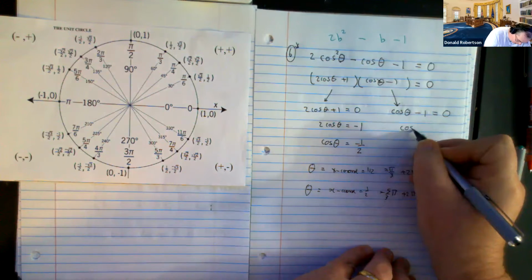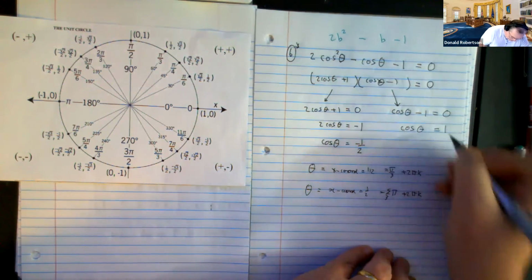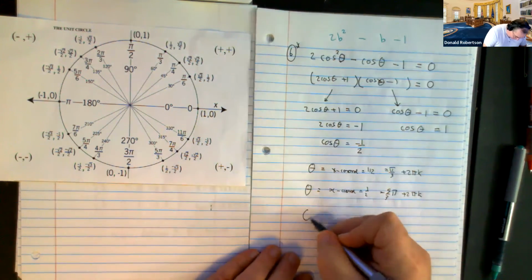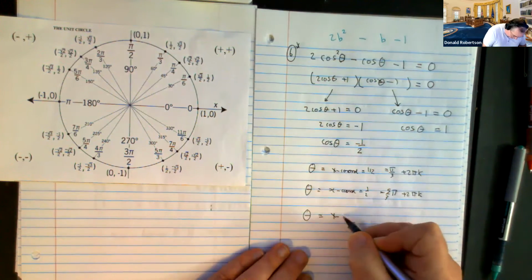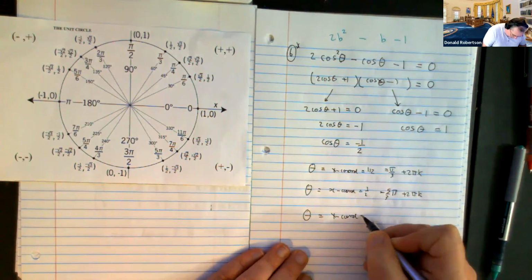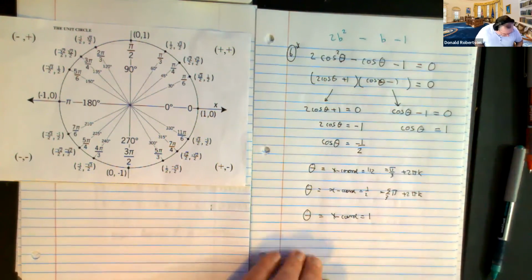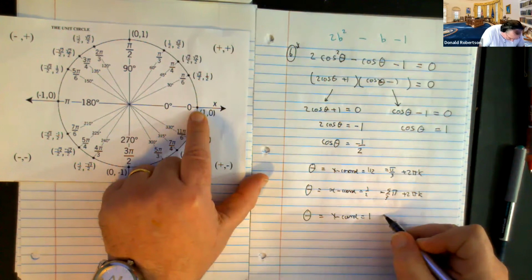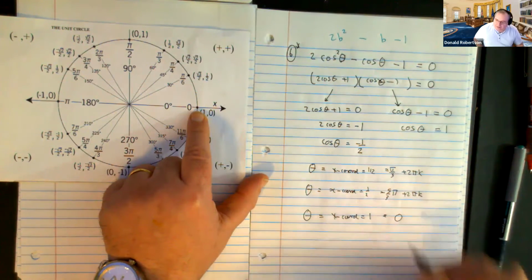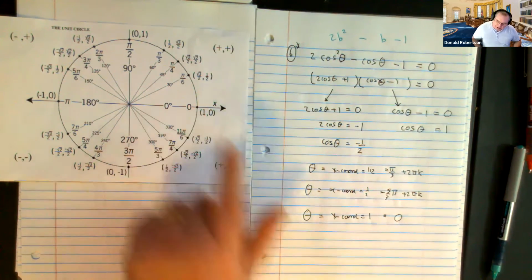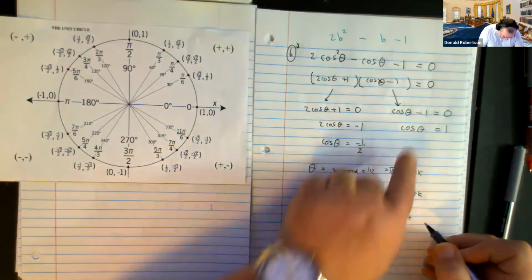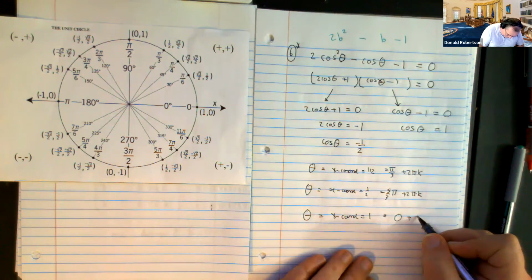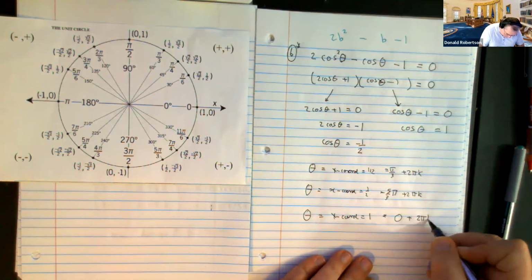So that becomes when is the cosine 1. And that ends up being when is the x coordinate equal to 1. And the x coordinate is equal to 1. Actually, only in one place, isn't it? 0. And since we want the infinite answers, and this is also a cosine of a single theta, we get that.